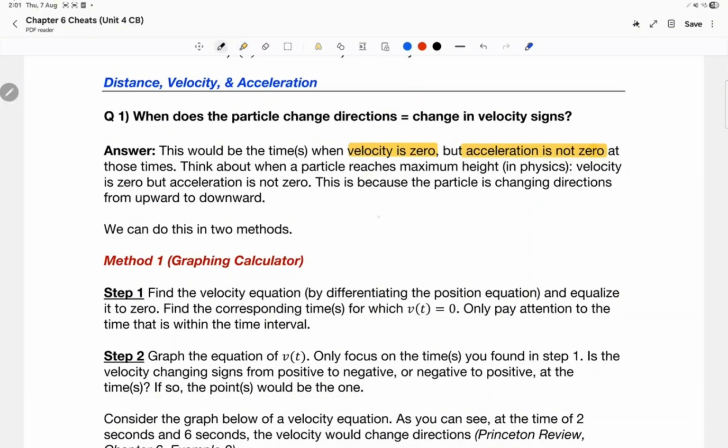Now, if you were given a position equation, how would you make it into a velocity equation? You would differentiate. If you're given a velocity equation, how would you make it into an acceleration equation? You would also differentiate. Wow. This is crazy, right? Crazy easy.